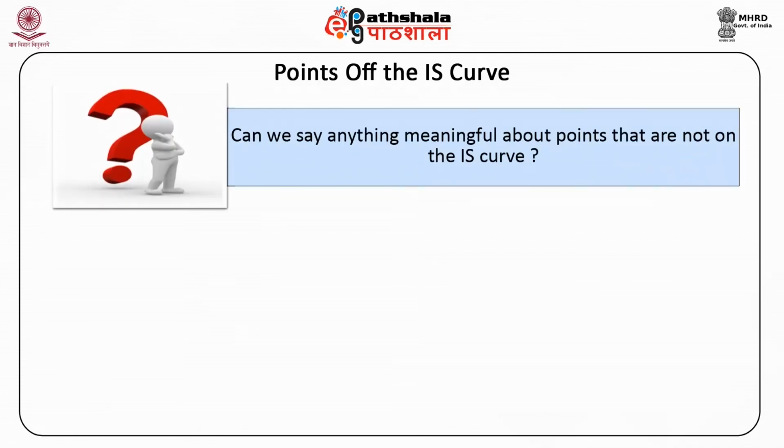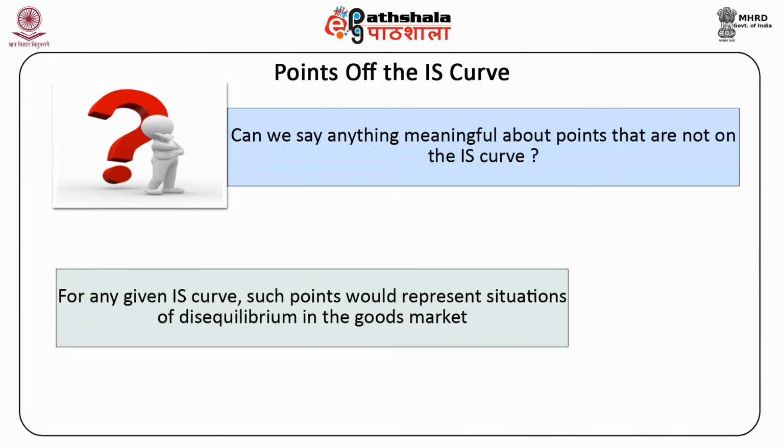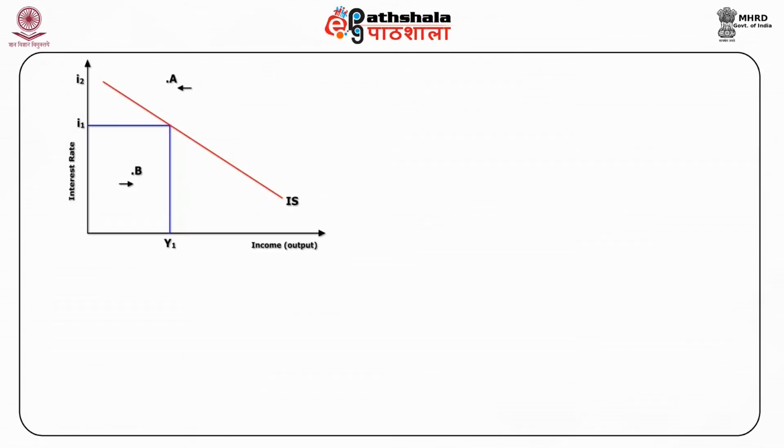Points off the IS curve. Can we say anything meaningful about points that are not on the IS curve? First, you should realize that for any given IS curve, such points would represent situations of disequilibrium in the goods market. First, consider a point such as A that lies to the right of the IS curve, Figure 3.